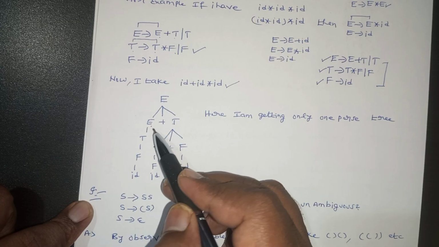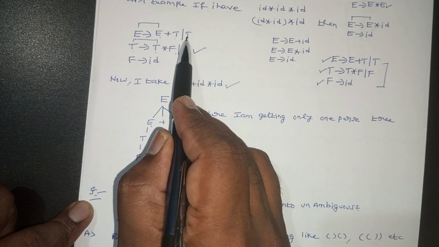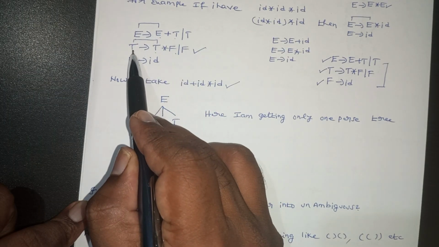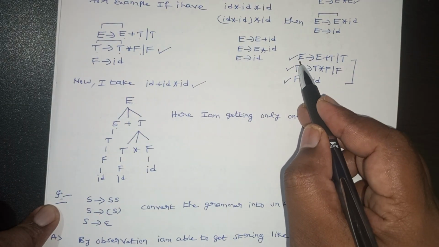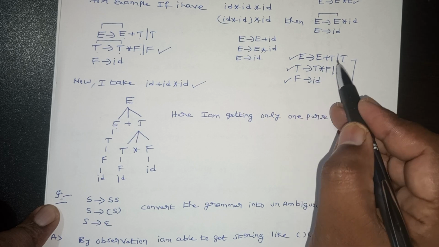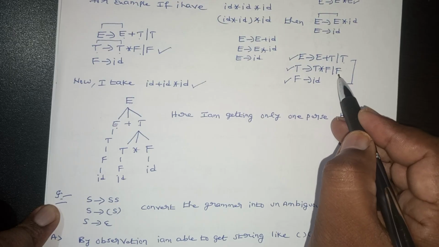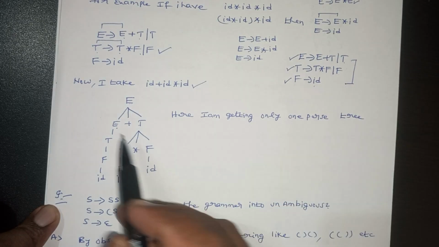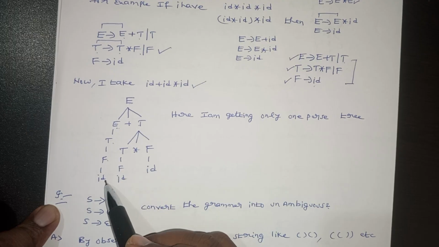I have to get id, so E tends to t, I am bypassing to the t. From t I am bypassing to the f. So f tends to id. That is E tends to t, t tends to f, f tends to id.